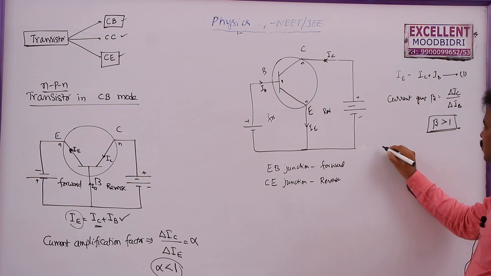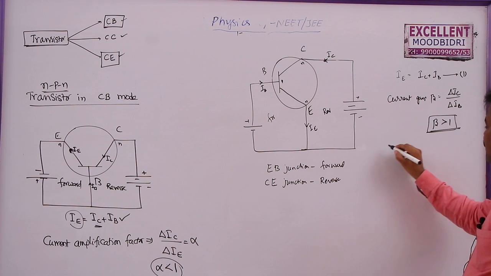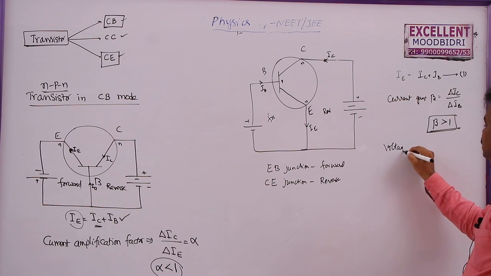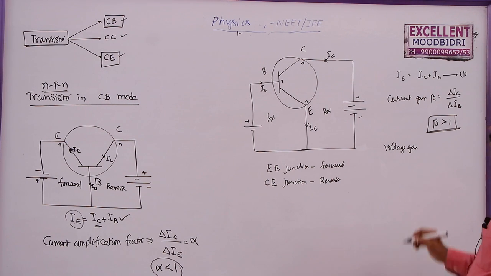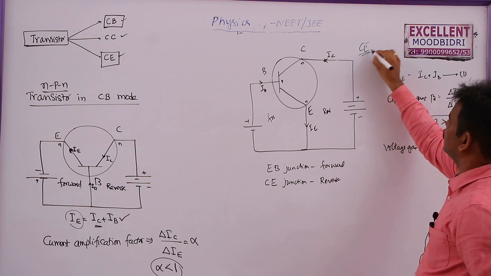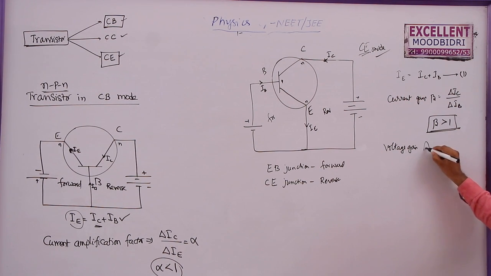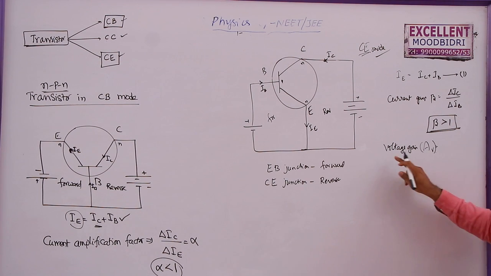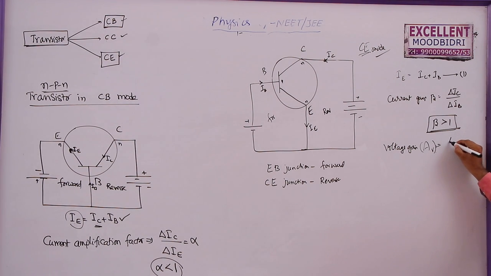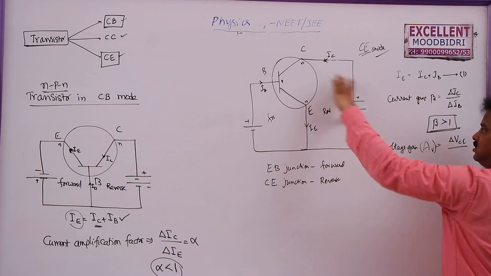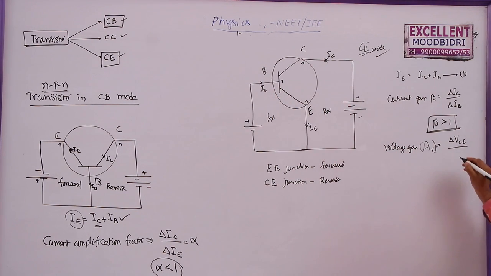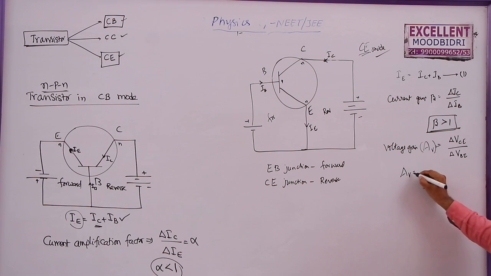Then after current gain, we can measure the voltage gain also. Voltage gain in CE mode, common emitter mode. Here we can write AV, that is voltage amplification or voltage gain, is equal to the output voltage, that is VCE, between C and E, to the input voltage, delta VBE. This AV can be written as voltage is current into resistance.